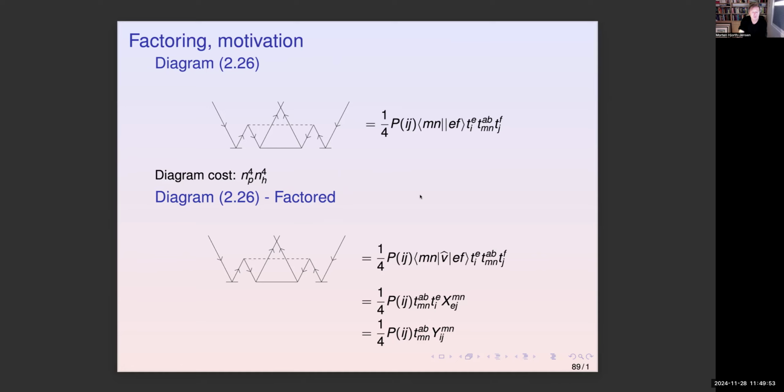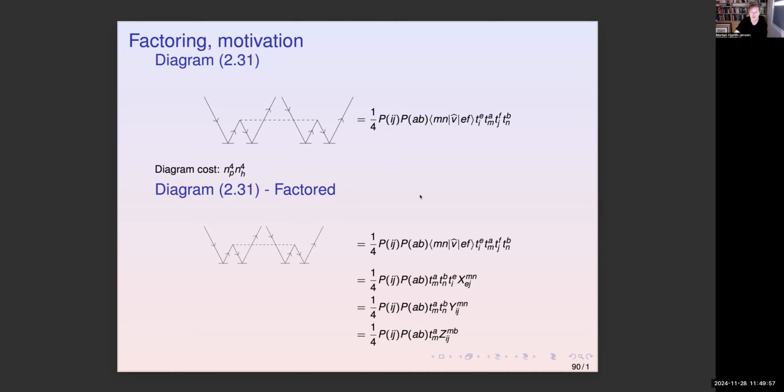So this is one possible way by which we can factor many of these diagrams here. The same thing is something which I can do with this diagram, which has a T1 to the power of 4 and multiplies with a two-body matrix element. So what I could do now is simply start collecting terms and produce something like this X_EJMN.